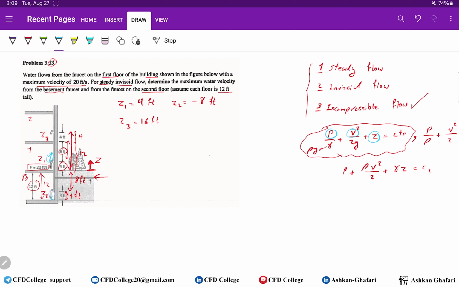At point 2, we know the pressure and the elevation, but we want to find the velocity. The same goes for point 3. We know the pressure and the elevation, and we want to find the velocity.